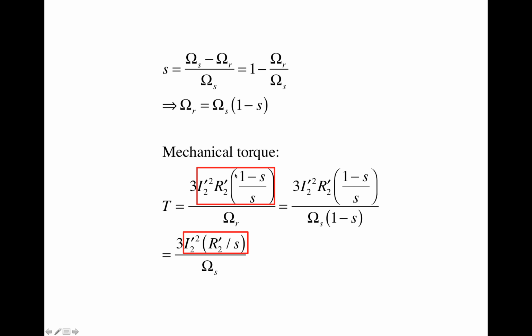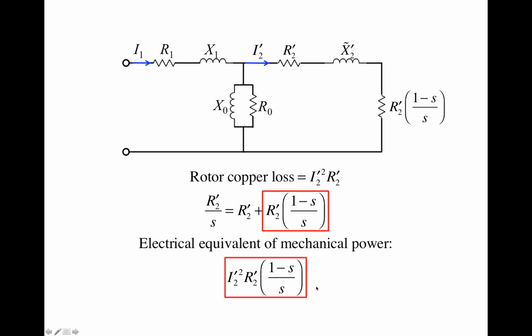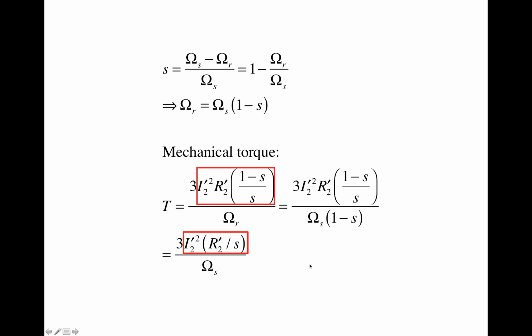And then we have an expression for the mechanical power that's given here. But don't forget, this is per phase. This is the mechanical power for just one phase of the input power source. We have three phases, so the total amount of mechanical power is 3 multiplying this whole thing, and then divided by omega r, the angular speed of the rotor. That gives us the torque.